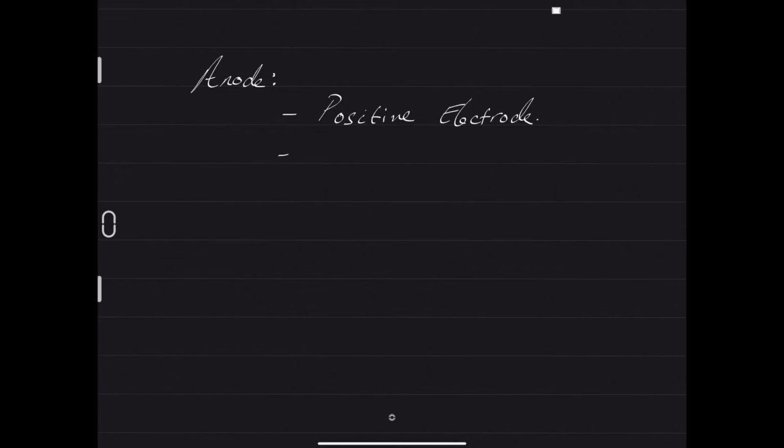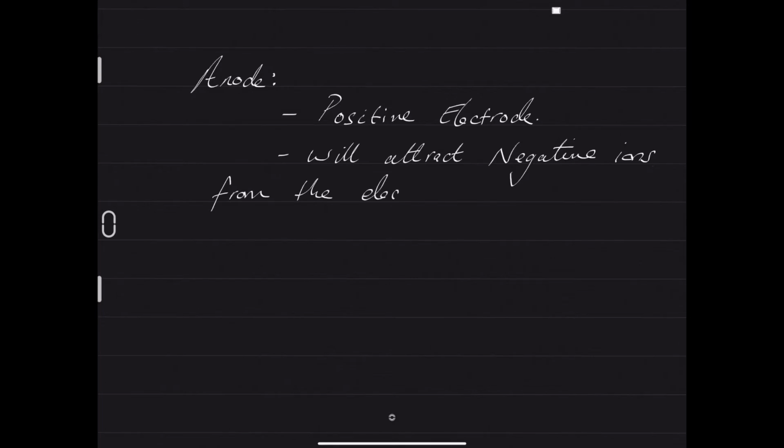So it will attract negative ions from the electrolyte. Negative ions are going to be attracted towards the positive anode electrode.